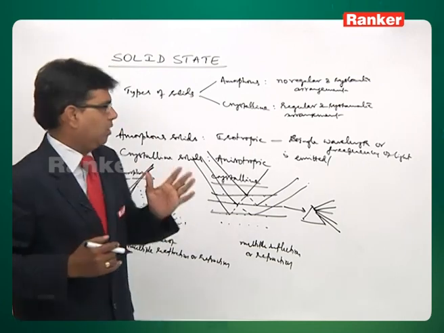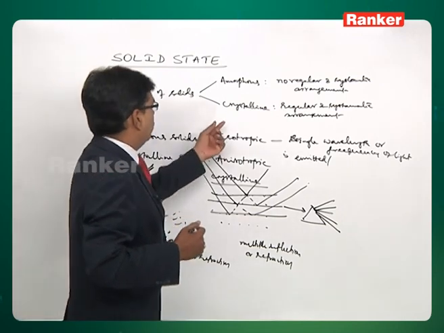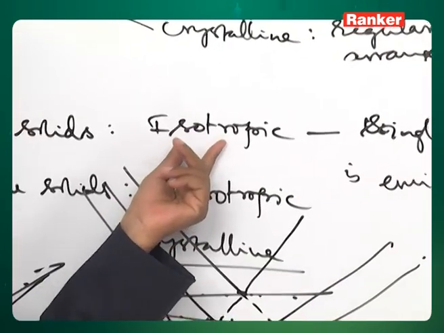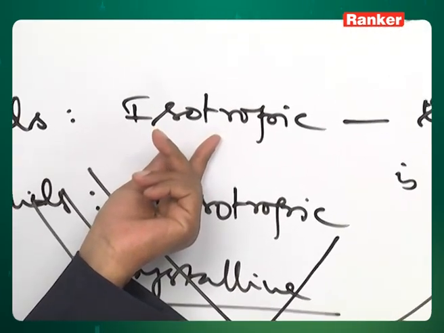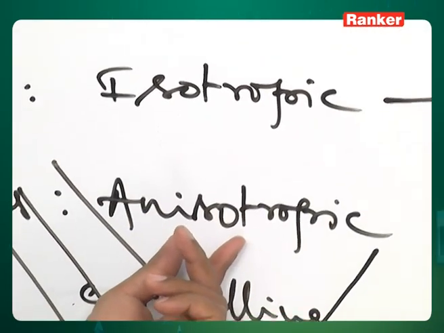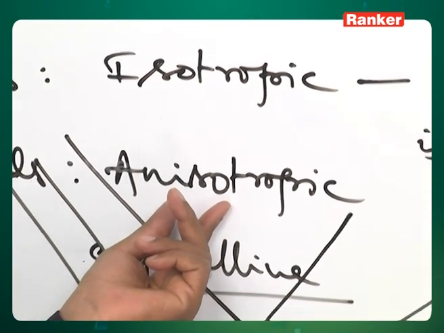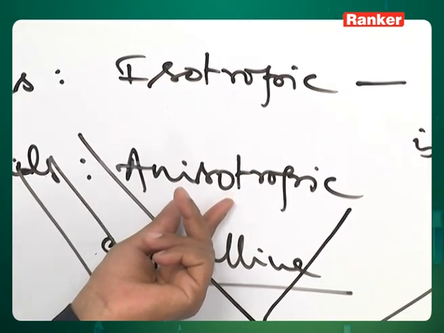This is the basic difference. Having the same frequency or wavelength for all emitted rays is called isotropic, and when the wavelength or frequency of the emitted rays is different, that is called anisotropic.